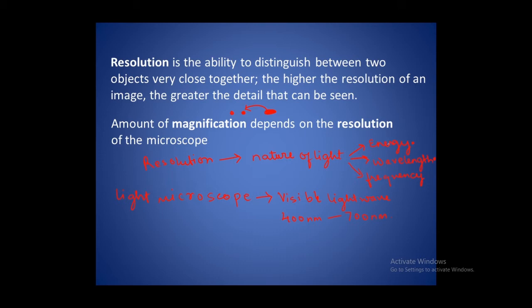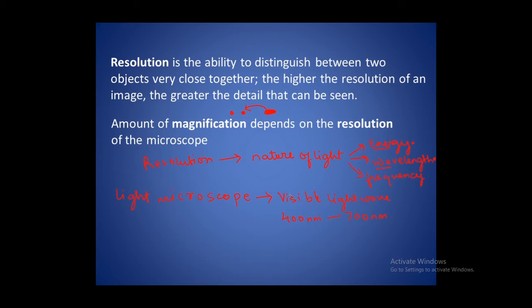If the wavelength of the light is very short, then the energy of that light will be very high. So these two are opposite of each other, energy and wavelength. We'll just keep this in mind.